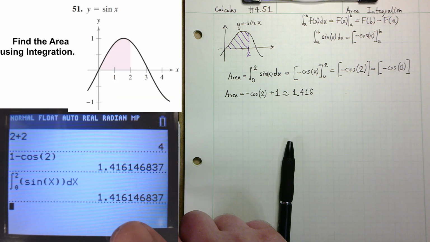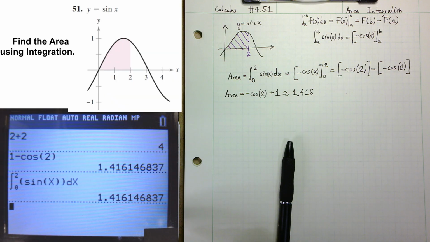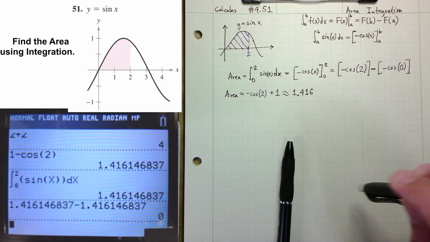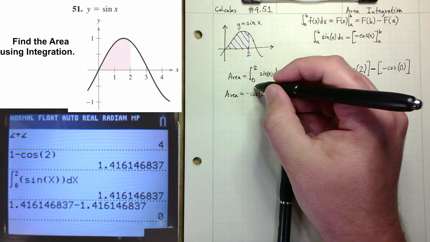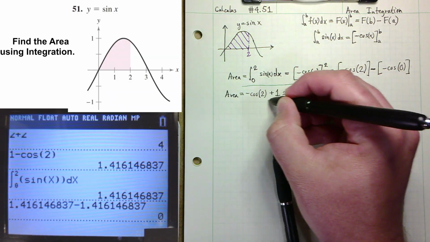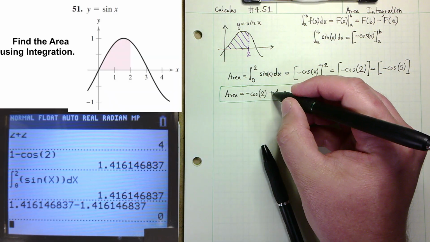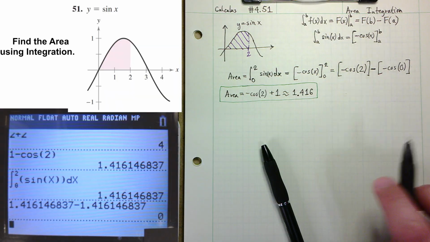Okay, and we can see the same answer here. If we subtract them, if we want to just double check, we can see that we will indeed get the same answer. So when we subtract, we get 0. So this is our area under the curve in exact form and an approximate decimal. Okay.